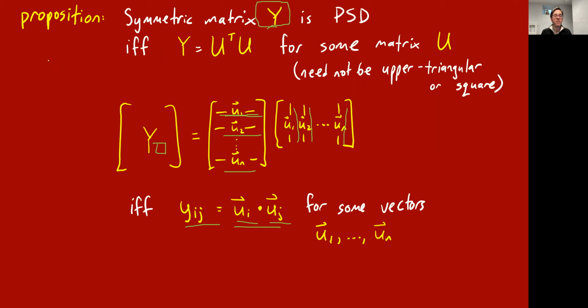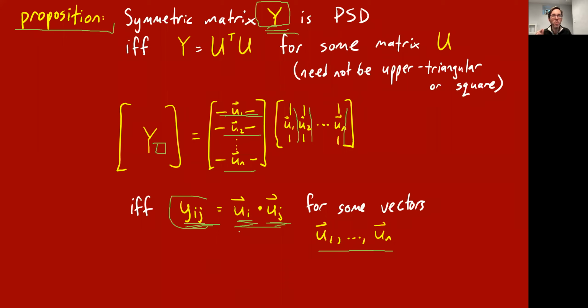So finally, and this is my last slide here, it's also a basic linear algebra proposition that whenever you have a positive semi-definite matrix, capital Y, its entries can be expressed as dot products: there exist some vectors u1 through un such that yij equals ui dot uj.